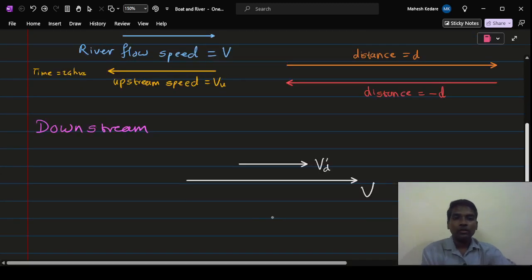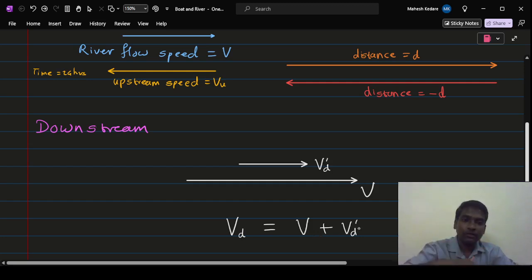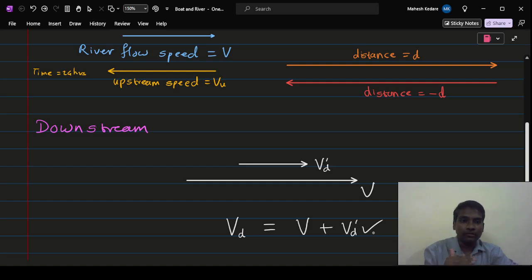So if you look at that boat from ground, the boat speed Vd appears to be the sum of river flow plus speed of the boat relative to river, because the river is already flowing and on the surface of the river it is the boat traveling with this speed. The speed of the boat measured relative to river is called relative speed, and we denote it by Vd dash.